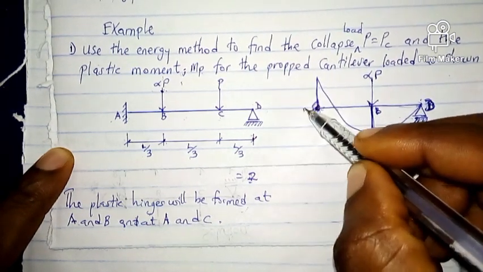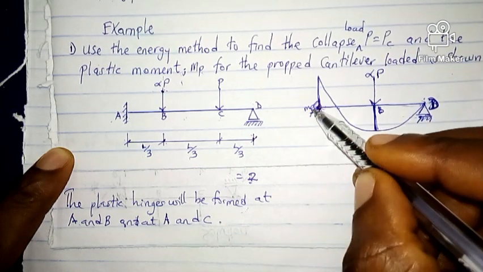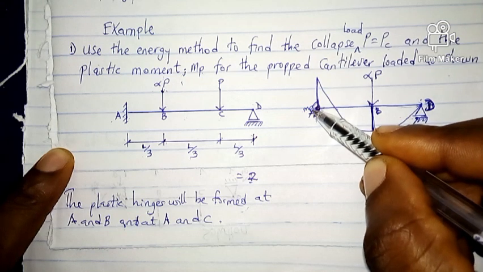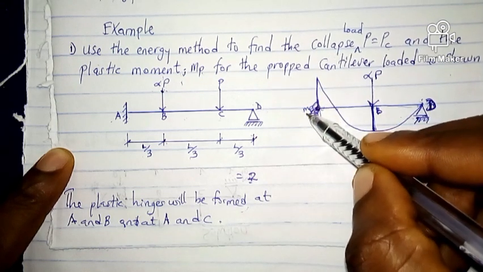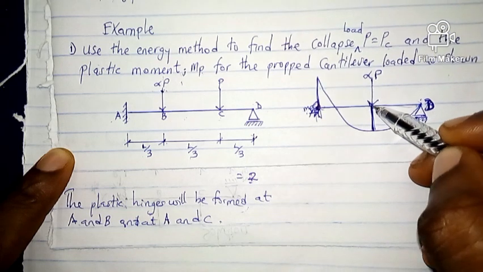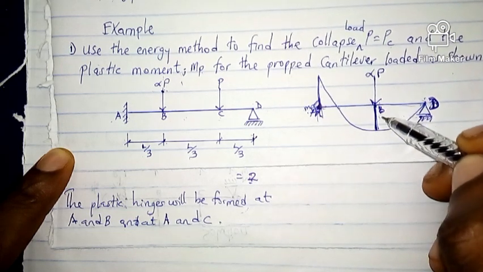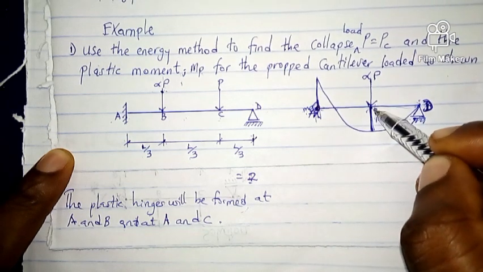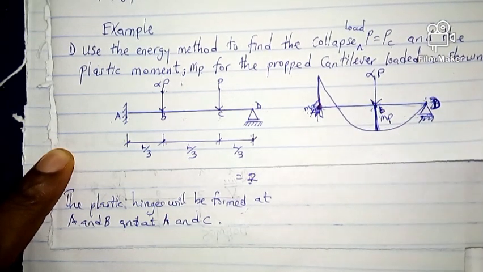So you have MP here. Remember, MP represents plastic moment. That is the plastic hinge represented by MP. MP here will be formed here, and also formed at this place. So these are the two places where our plastic hinge is going to be formed.